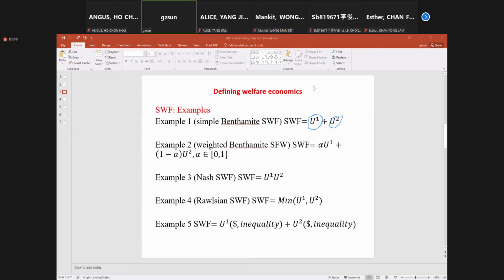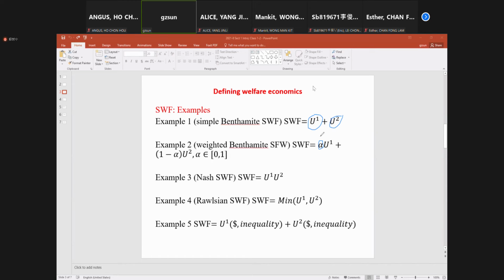It's quite easy. Another example: we give some weight, which we call alpha. Alpha is a number between 0 and 1, and 1 minus alpha is the weight we attach to the welfare of the second person, person 2. If alpha equals 0, what does that mean? This term is always equal to 0, so person 1 simply doesn't matter.